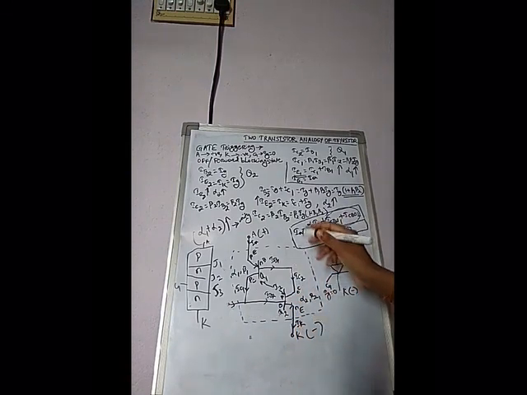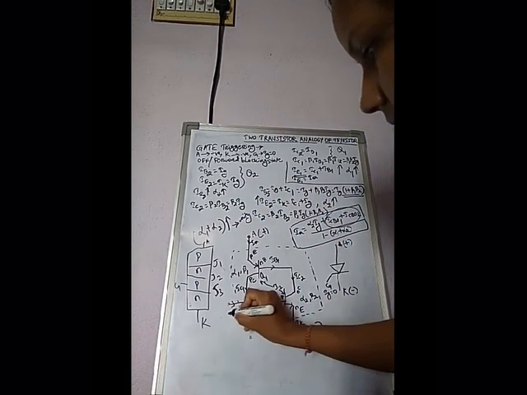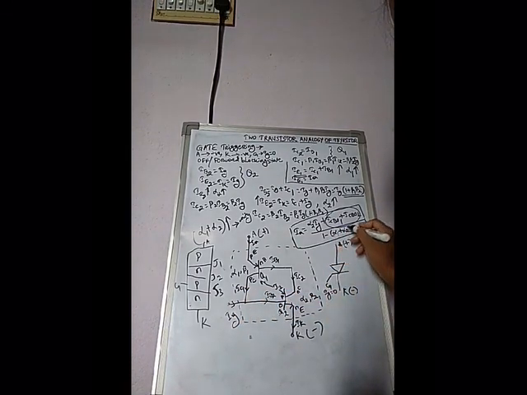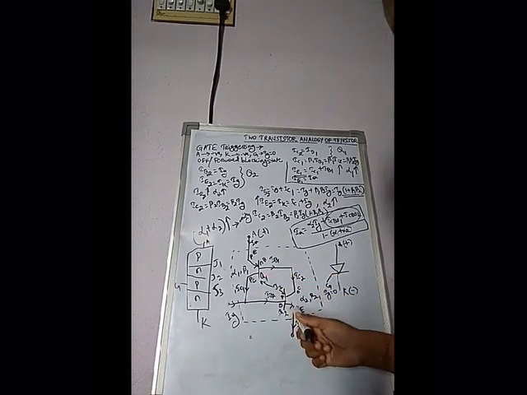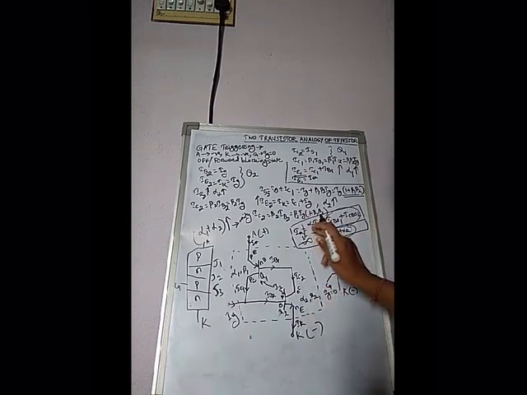So here you can understand how, by applying a gate signal, the current gain alpha of transistors Q1 and Q2 rises towards unity, and how IA tends to infinity. Clearly understood about the gate triggering mechanism under the two transistor analogy.